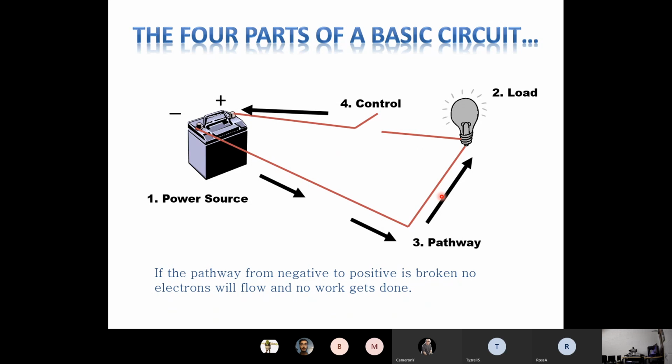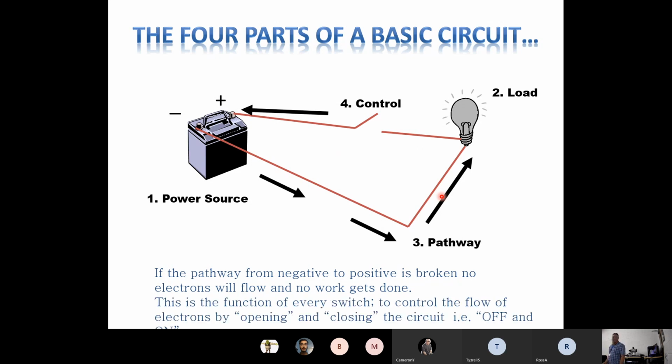Like if you have the light is out. Exactly right. When you flip a switch on, you're basically making the control or the pathway complete. And when you flip it off, you're breaking the pathway. And that's why it doesn't work. Pretty simple. Everybody good? All right, let's move forward.